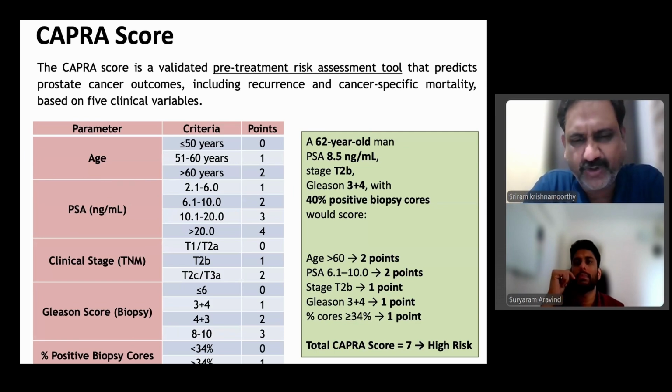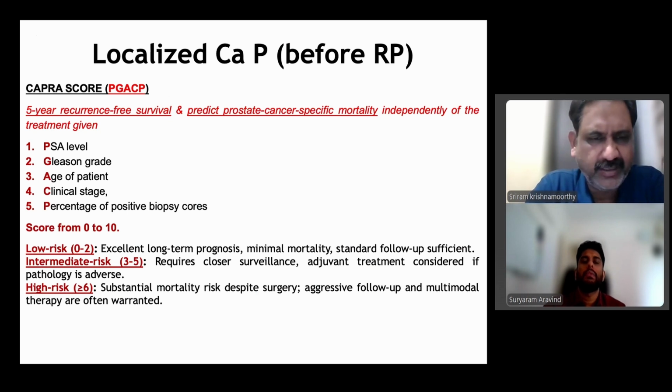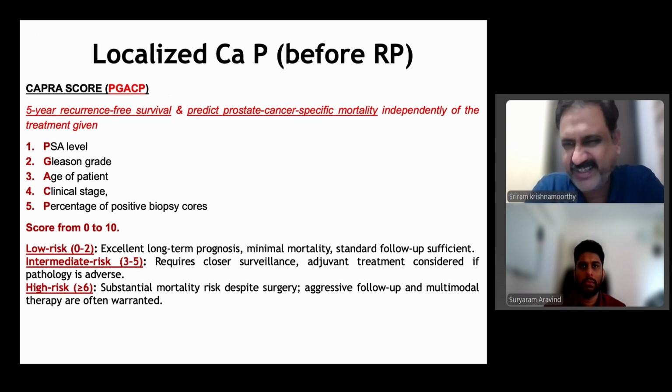The higher the Capra score, the greater the risk of surgery and the poorer the outcomes after surgery. So the Capra score should be less than 2 for a patient to have a good outcome after surgery. If it is more than 6, the outcome will be very poor.